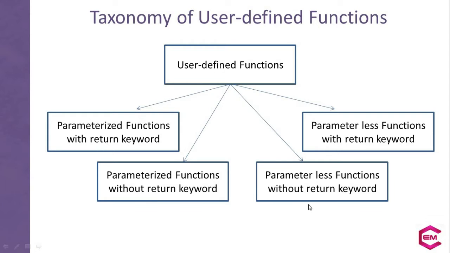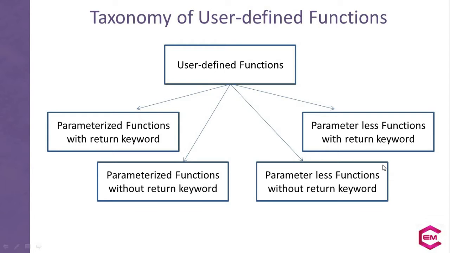The third category is parameterless functions without the return keyword. That means the function will not accept any inputs through the parameter list. The function will neither accept inputs nor return the output through the return keyword. The last and final category is parameterless functions with a return keyword.